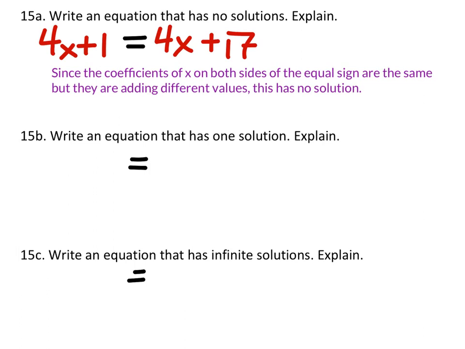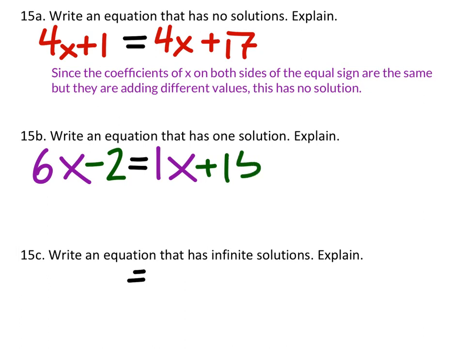15c will be very similar, but there will be a slight change in the sentence. So for 15b, we want one solution. All we need for one solution is to take the x's, like these ones, and we need different coefficients of x, such as 1 and 6. Now from here it doesn't matter what we add or subtract, so I could subtract 2 or add 15.